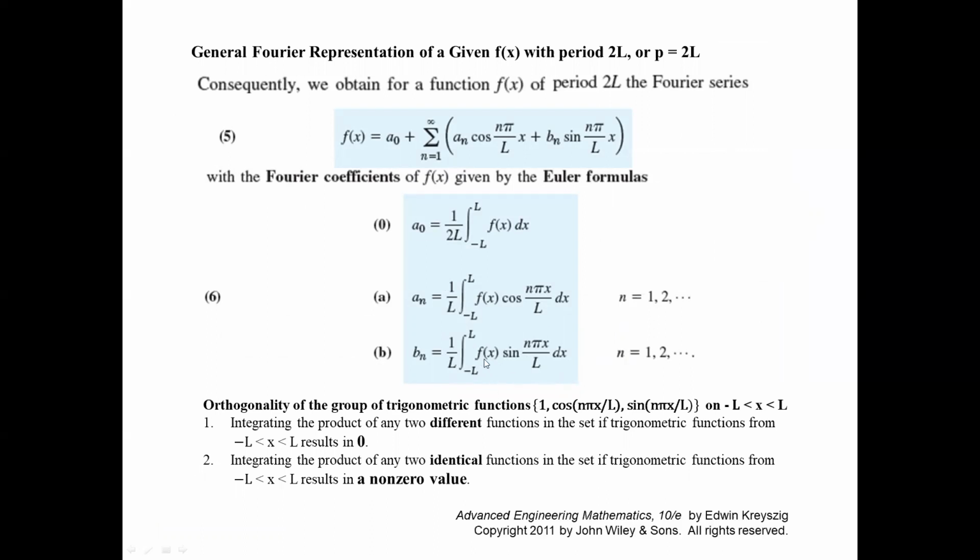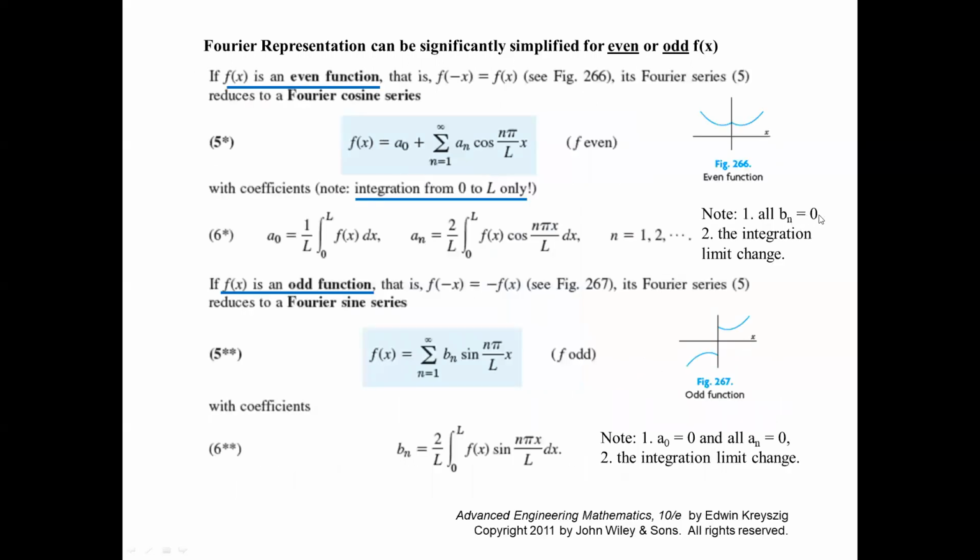If f is even, we know sine is an odd function. The product of an even and odd function is an odd function. If we integrate an odd function, we get 0. That's how we can say Bn equals 0. Okay.